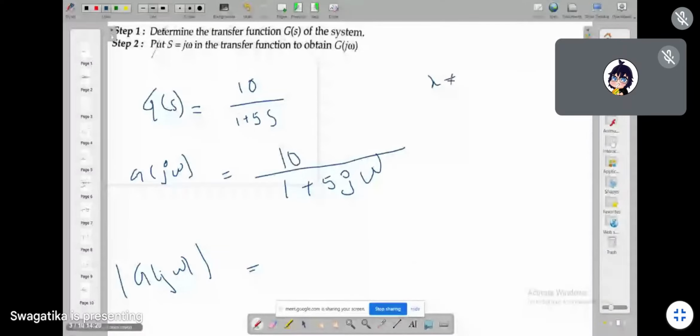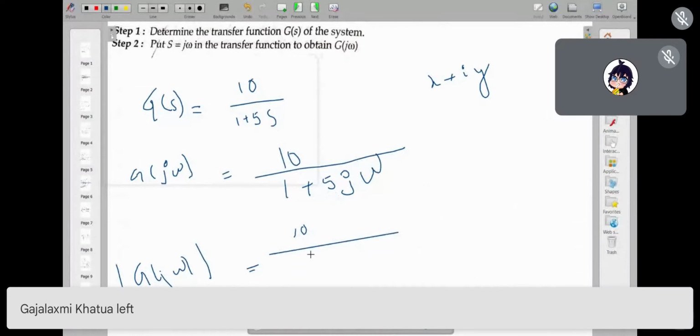Root over. So in the numerator it is already a constant value, so that will be 10. Then mod of 1 plus 5 j omega. That will be root over x square plus y square, right?